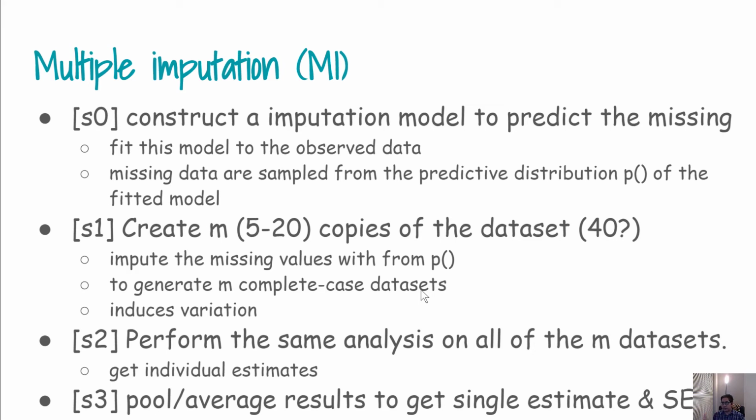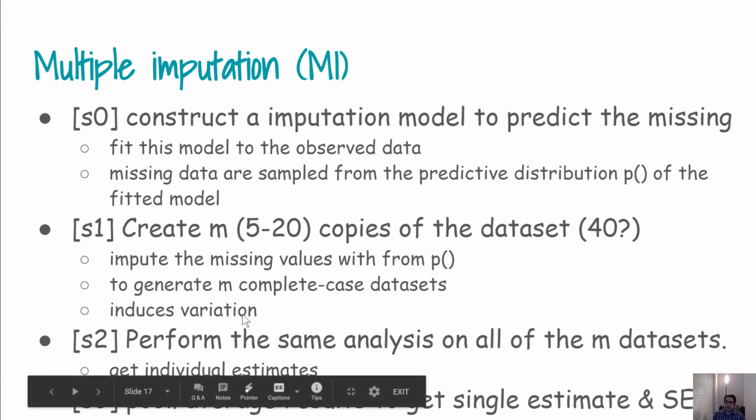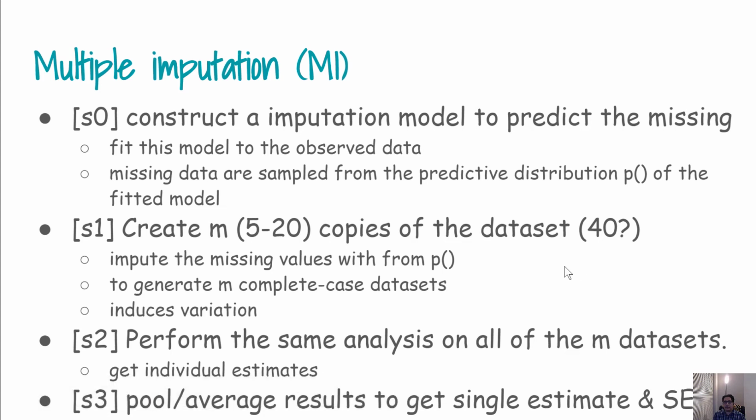For another person it could be 34 again, and for another person it can be 37, and all that, and that variation is necessary for us because it allows some uncertainty because of the missingness.